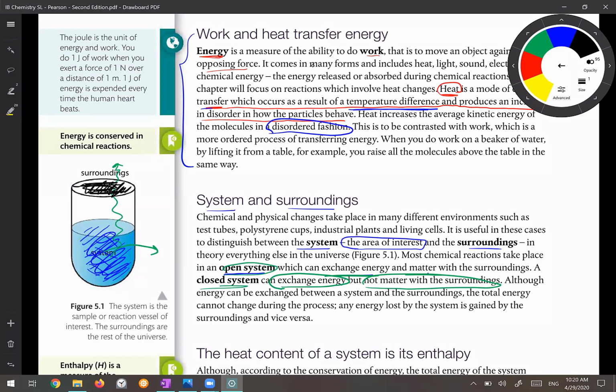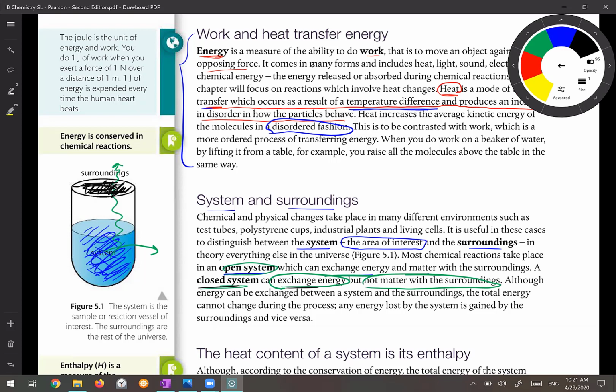But if you touch this test tube, it is still hot. So it means the matter cannot be exchanged with the surrounding, but the energy can. That's why when the reaction happens, you can feel that, for example, the test tube becomes hotter or colder, because it can exchange energy. These systems are called closed systems.